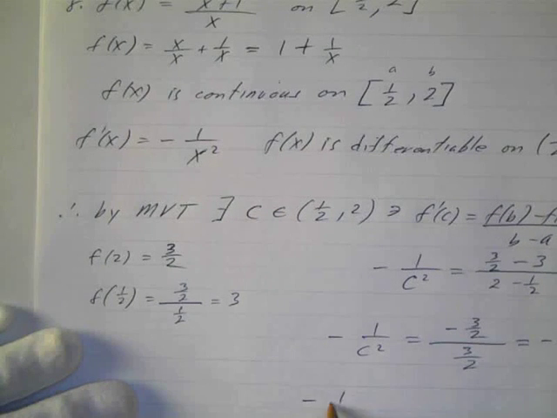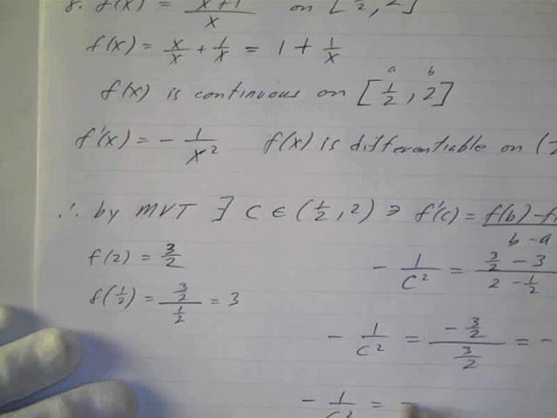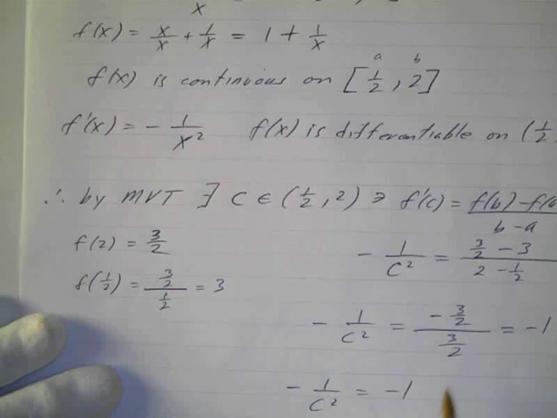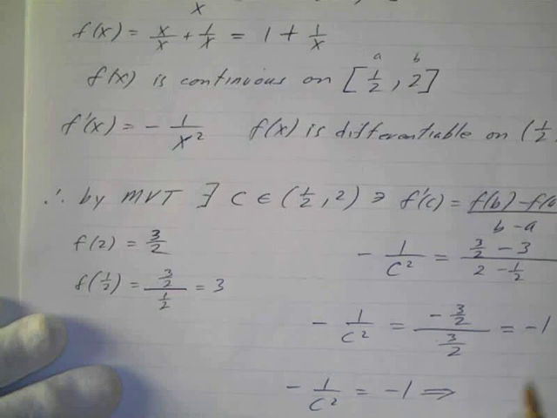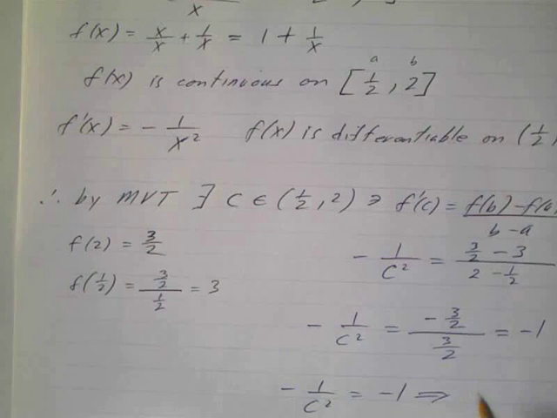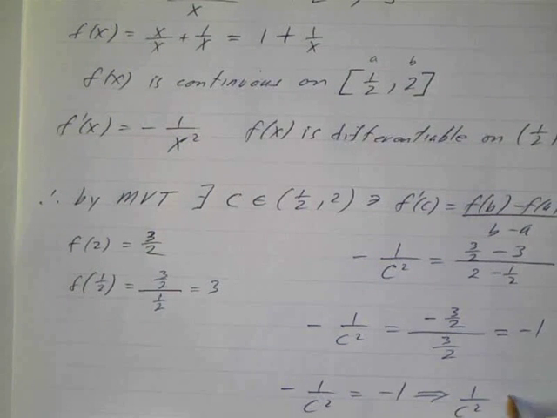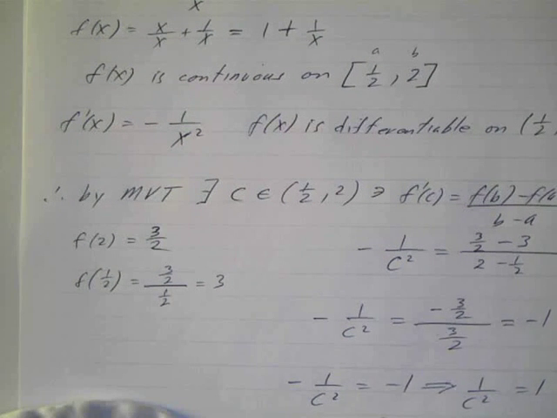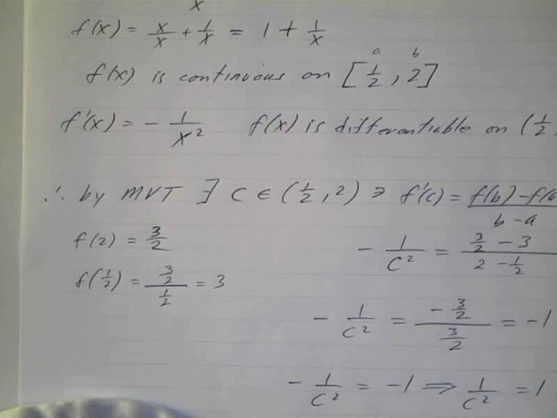So I got -1 over c squared equals -1. So that just implies that 1 over c squared equals 1. So c squared equals 1. And that implies that c equals plus or minus the square root of 1, or just plus or minus 1.